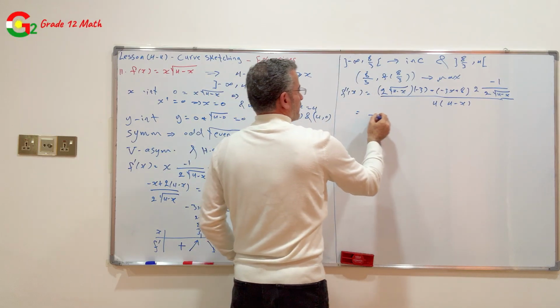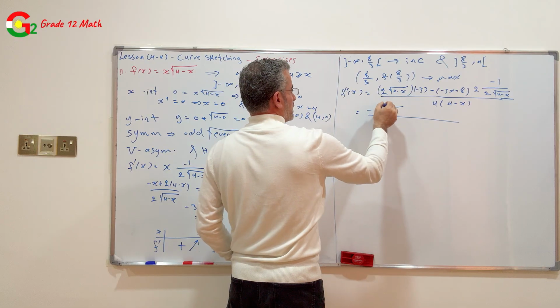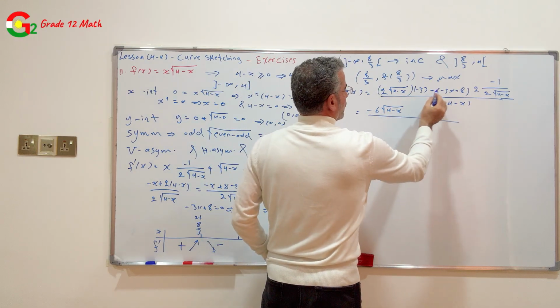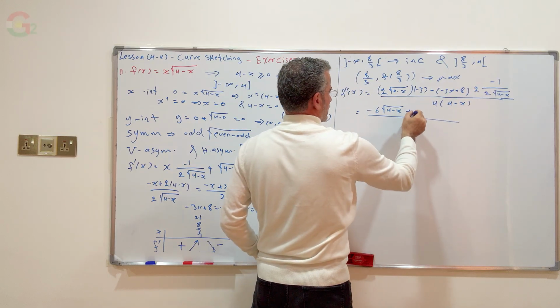Simplify this. Negative 3 times 2, negative 6 square root 4 minus x. Negative times negative, positive.